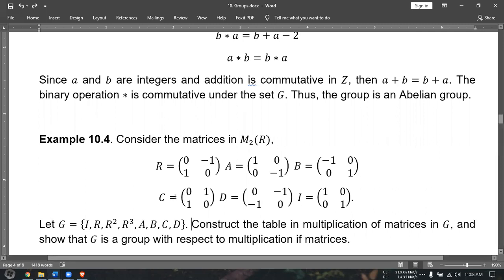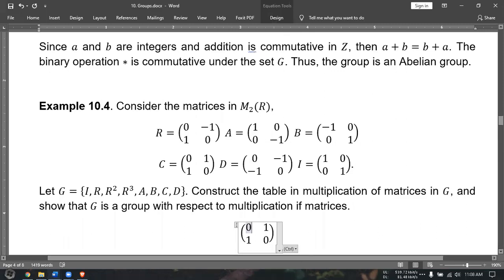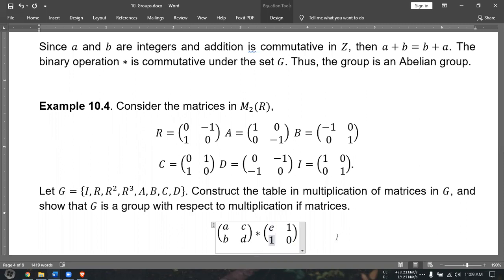Let's say the matrix A, B, C, D times the matrix E, F, G, H.